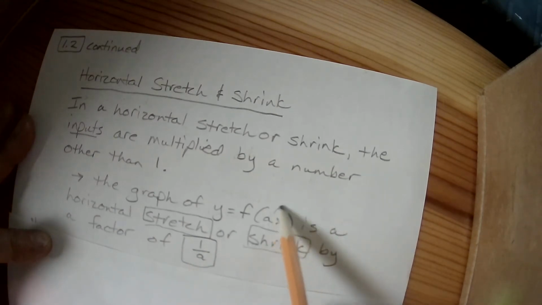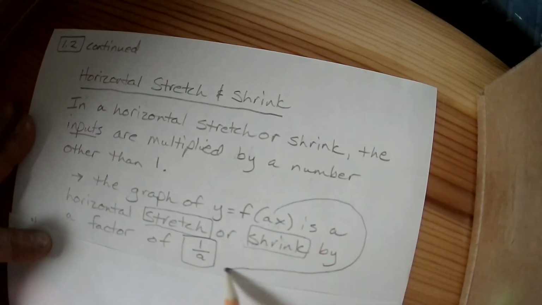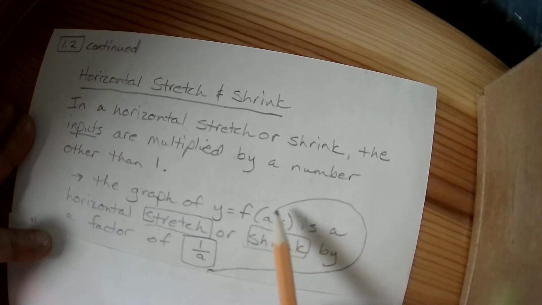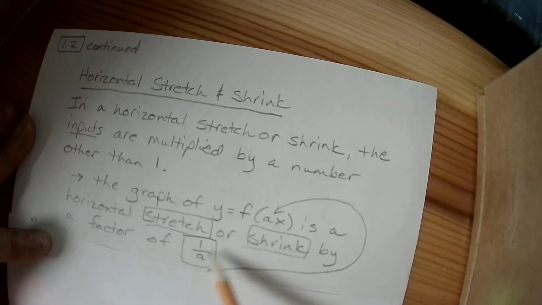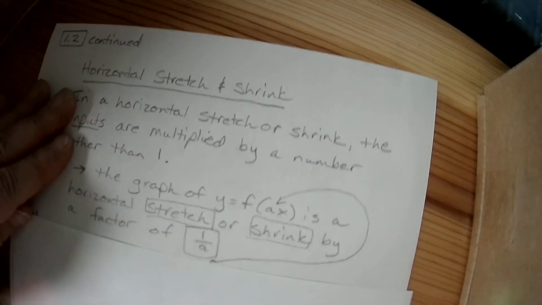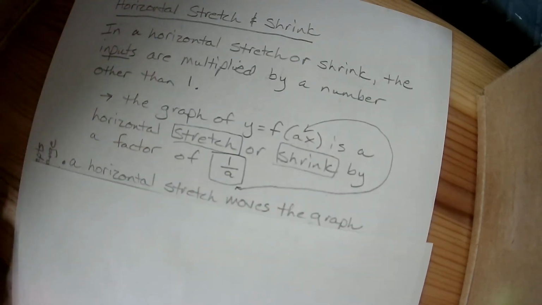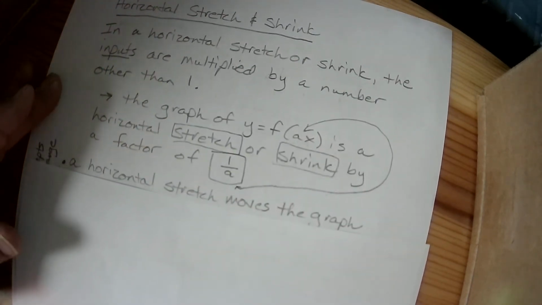I want you to notice this connection here, because this is a big difference from the vertical stretch or shrink. If it's vertical and the multiplier is a, then the factor of transformation is also a. If it's horizontal, because remember only the inputs are being affected, the factor would actually be 1 over a. We're going to do some examples that hopefully will make this a little more clear, because right now it's probably clear as mud to you.